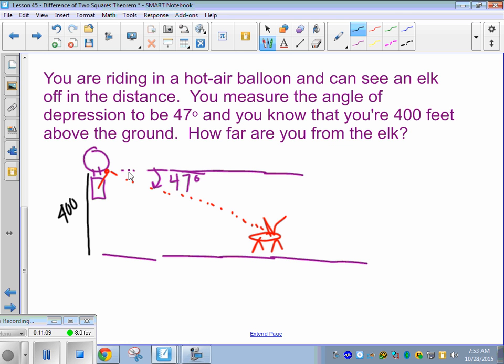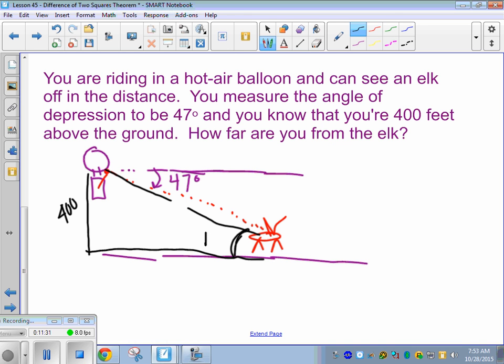All right, so how far I am from the elk, we're going to use the hypotenuse again because we want to know how far from here down to the elk. So I'm just going to turn this guy into a triangle. We have the ground here. And what did I know about this angle and this angle right here? They're equal, yeah.